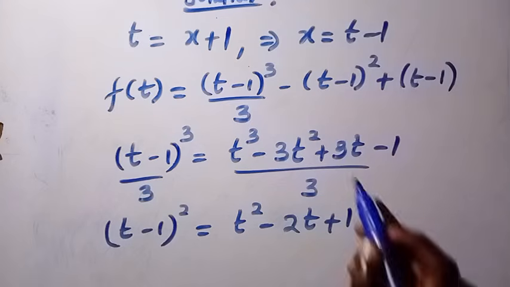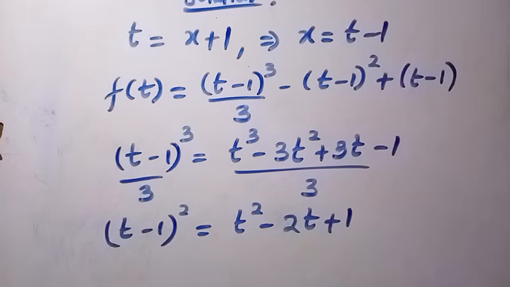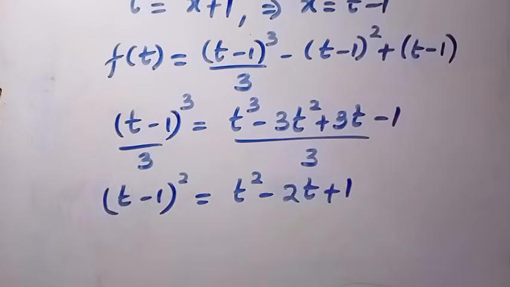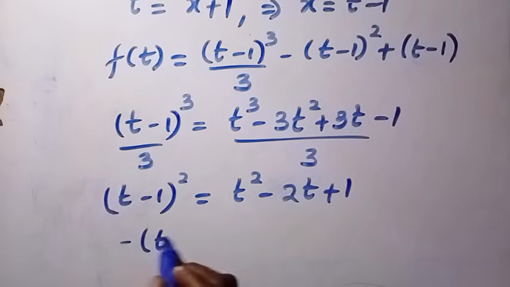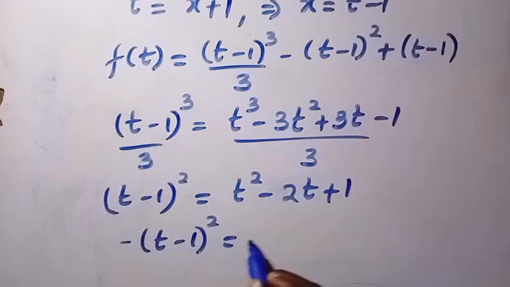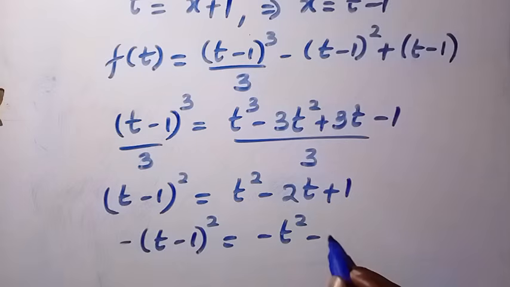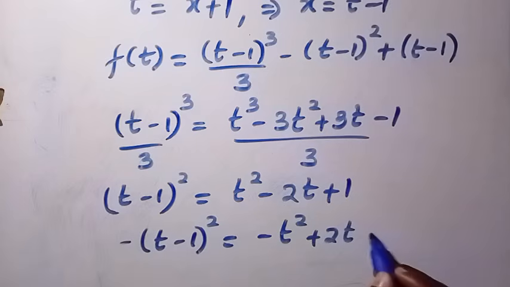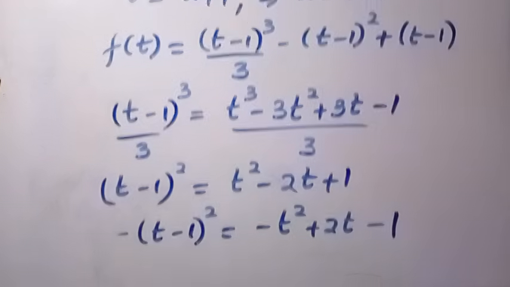But from the question, this has a negative. If I introduce that negative, we are going to have minus into bracket of t minus 1 squared. So this becomes minus t squared plus 2t minus 1.